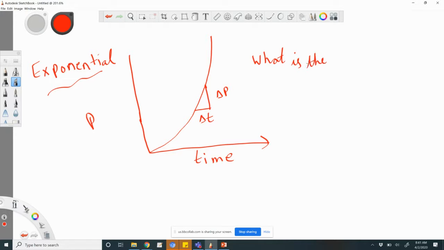So I guess it would still be the delta P over T, or delta P over delta T. Yeah.